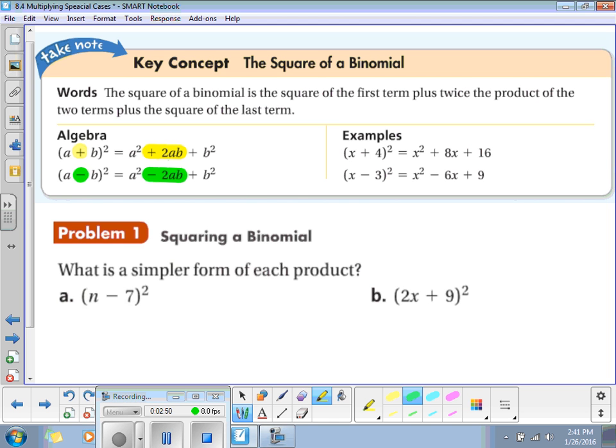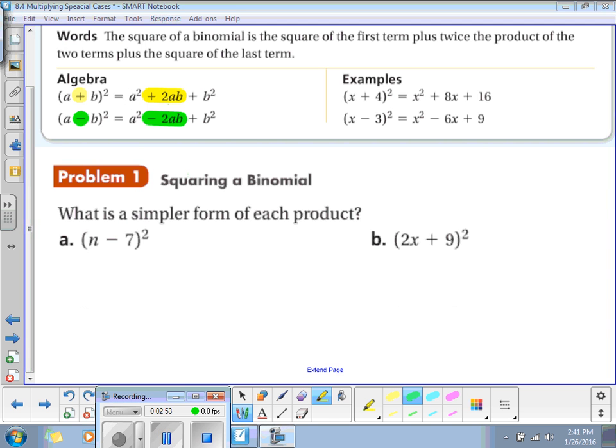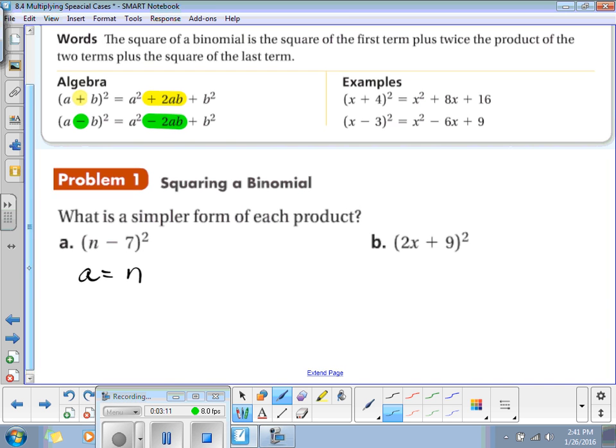Got it? So, problem 1 is squaring a binomial. We have to know what's the a and what's the b. So, for n minus 7 quantity squared, a is equal to n and b is equal to 7.